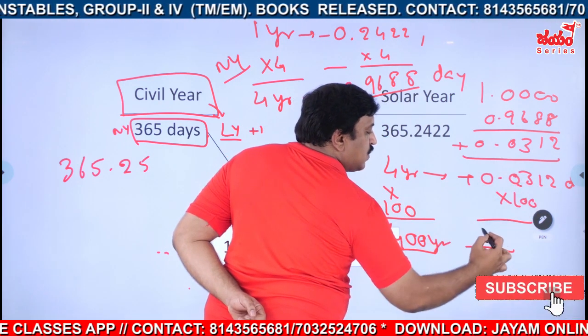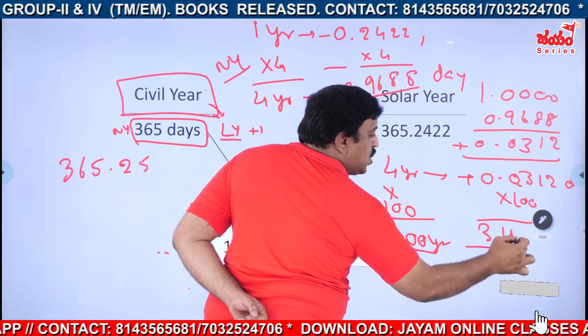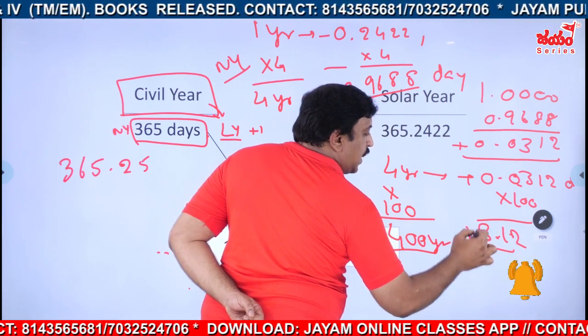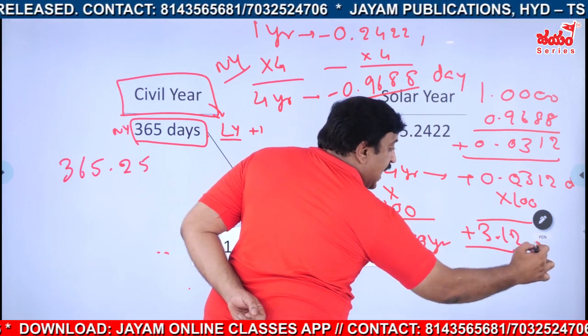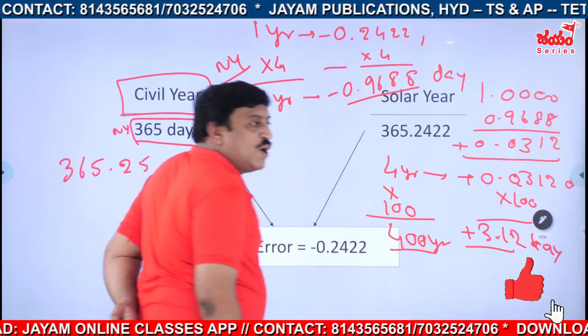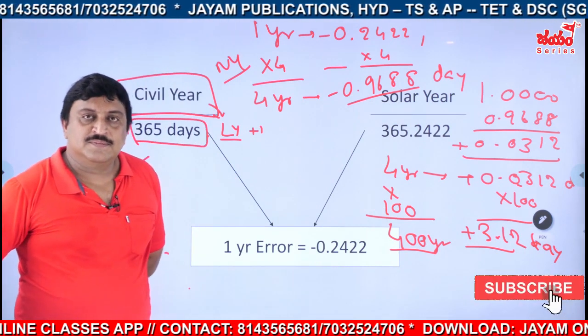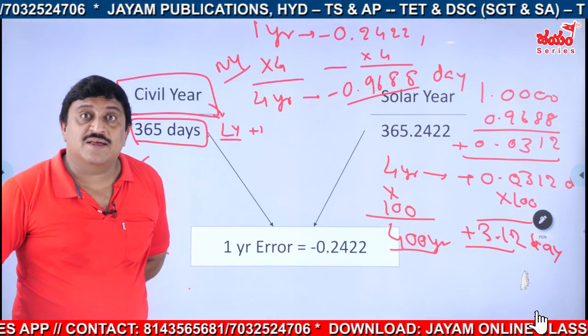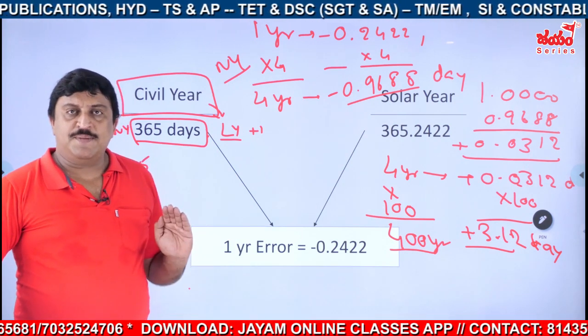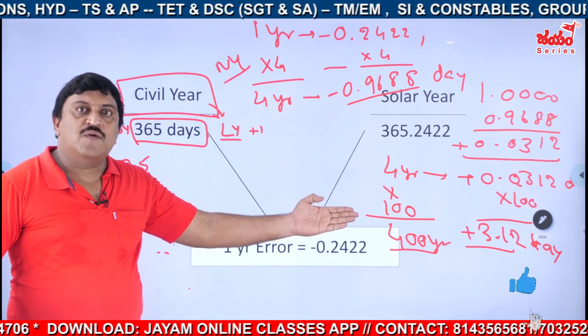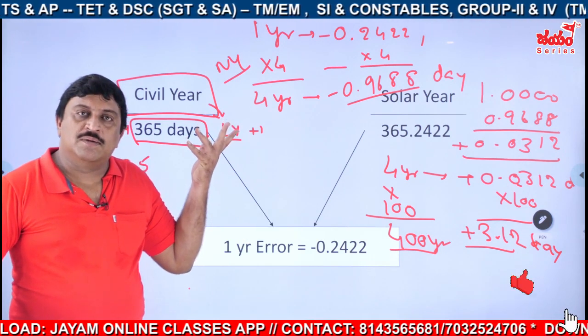So it becomes how much now? 3.12 days. See, 3 days extra due to the introduction of the leap year concept. 3.12 days extra they have gone.